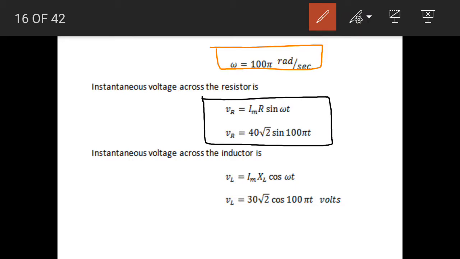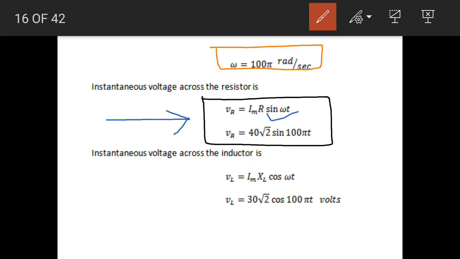You see, the maximum value of the AC voltage across the resistor is 40 into under root 2. As the maximum voltage is known, we can calculate the RMS value of this voltage. The RMS value of this AC voltage will be 40 volt.